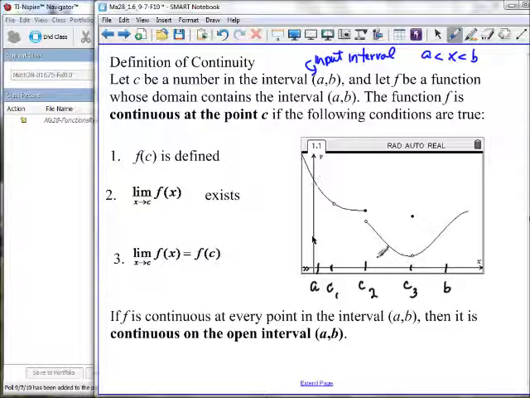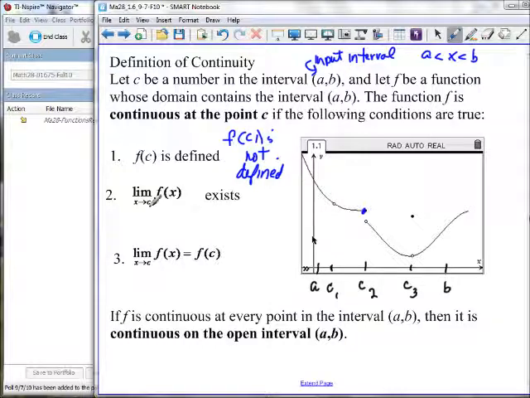At C2? I think it's defined. It might be hard to see, but that's a closed dot and that's an open dot. C1, yeah. So we would say that f of C1 is not defined because it has just an open dot there.